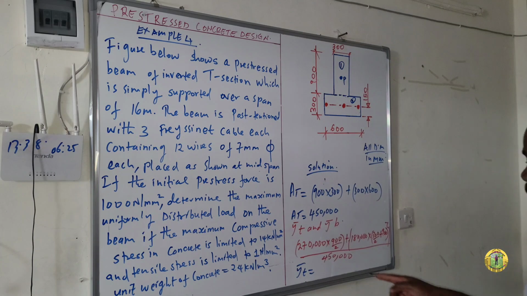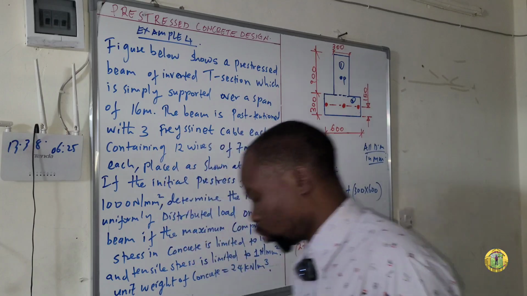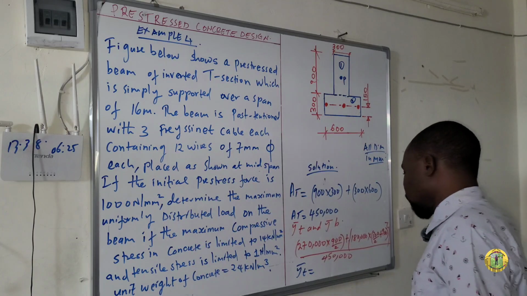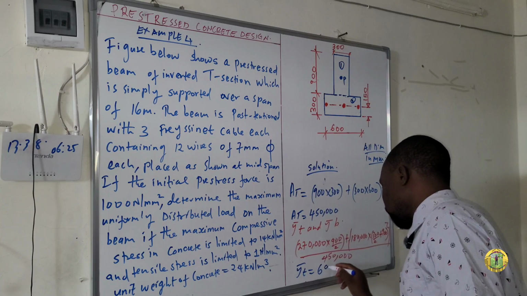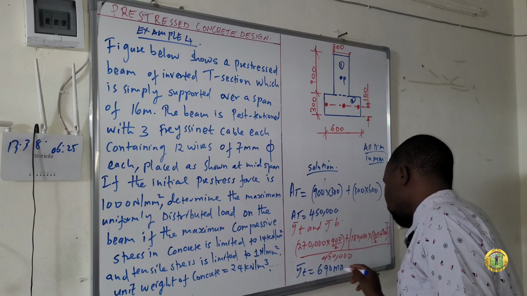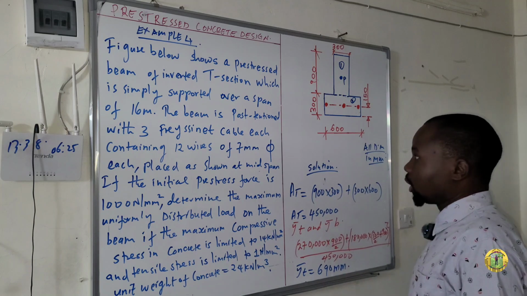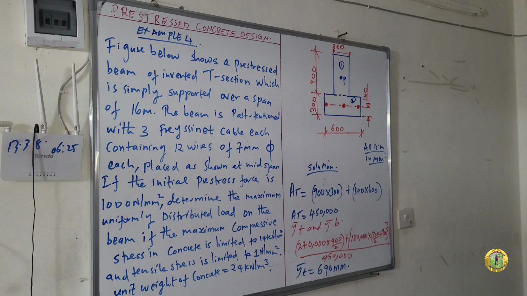Divide everything by 450,000. So the y bar top is 690 millimeter.